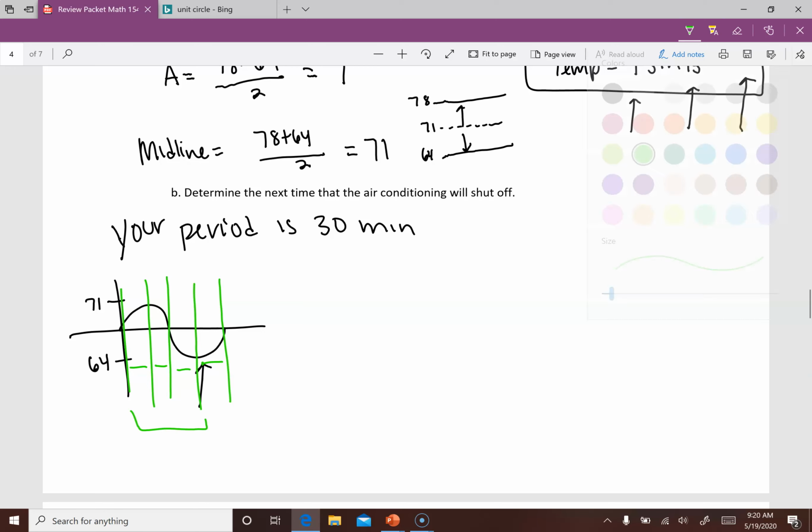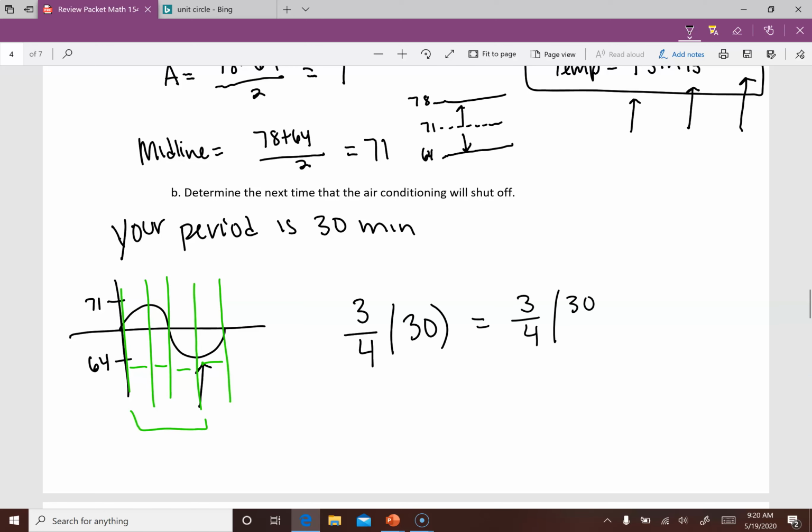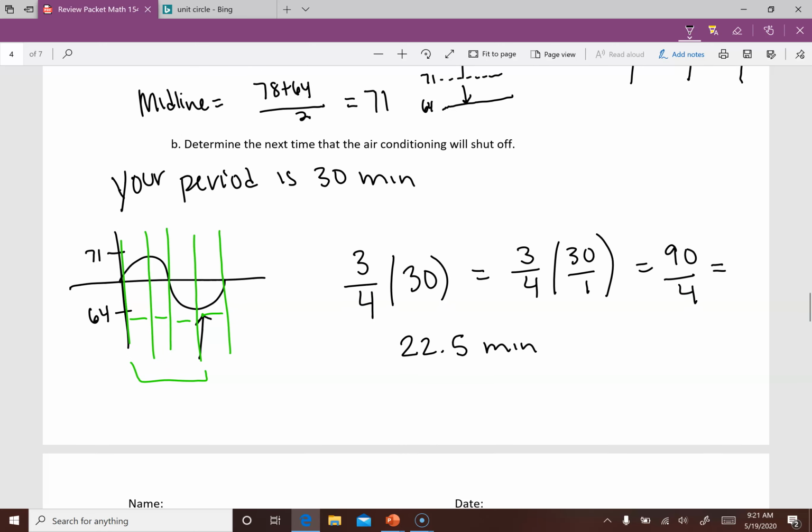So we're going to take 3/4 of our period. So 3/4 of our period, 30 minutes. We can rewrite that as 3 over 4 times 30 over 1, which is equal to 90 over 4, which is equal to 22.5 minutes.